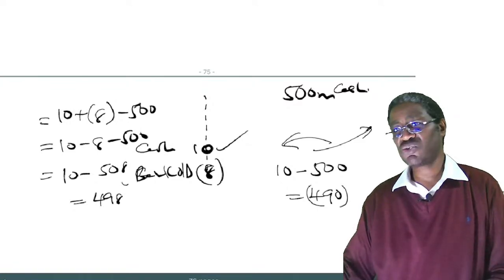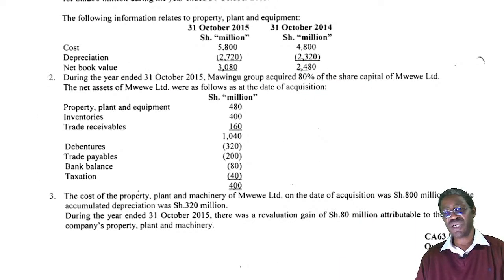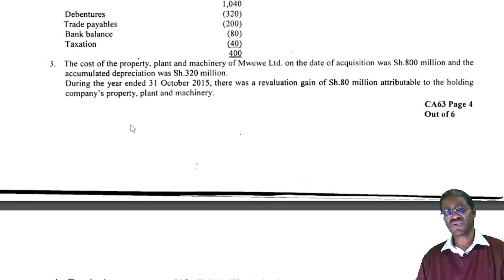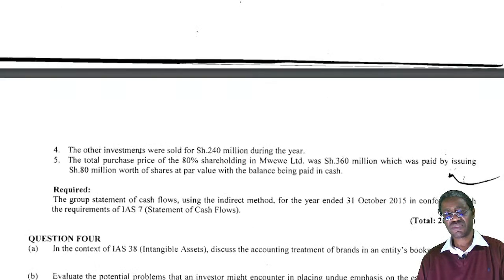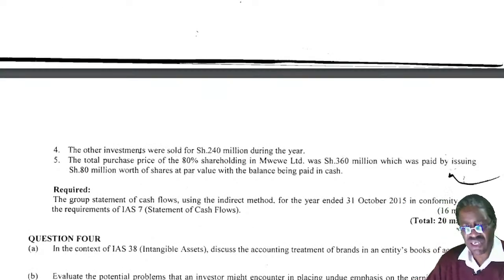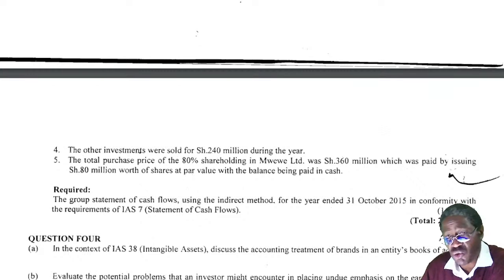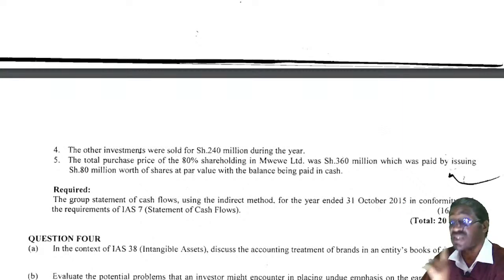From our question, you can remember, listen, let me take you there. You can remember in our question, note number 5. Note number 5. Listen, we are told the total purchase price of the 80% shareholding in Mwewe Limited was 360 million.